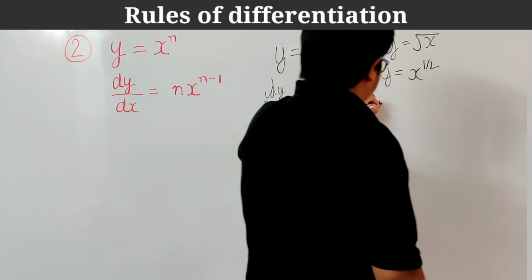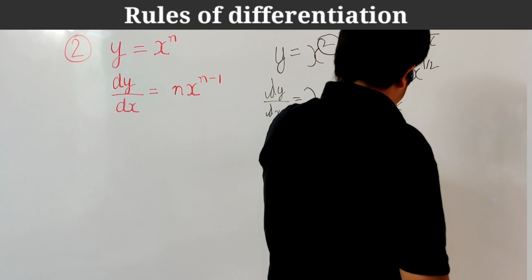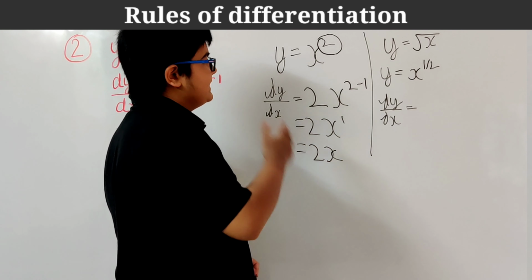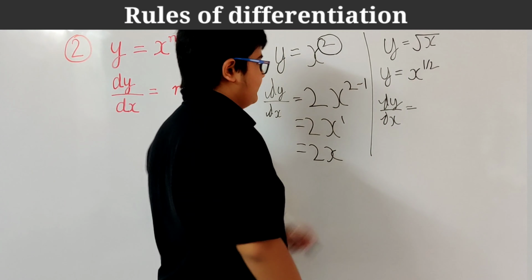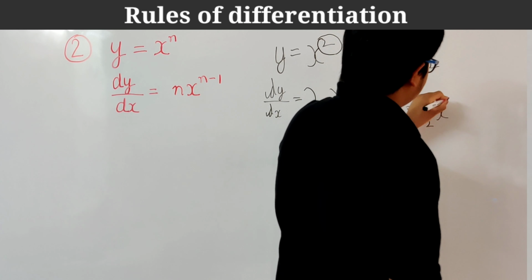Now we have to find dy upon dx of x to the power half, and we will apply the same rule again. This time n will be half, so we will bring this half in front, and in the power we will subtract 1 from it.